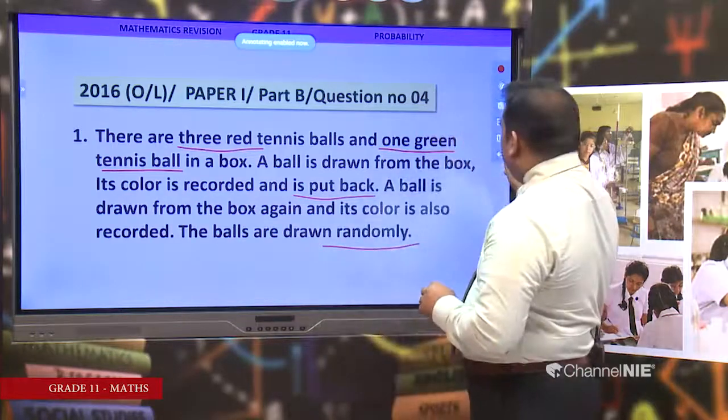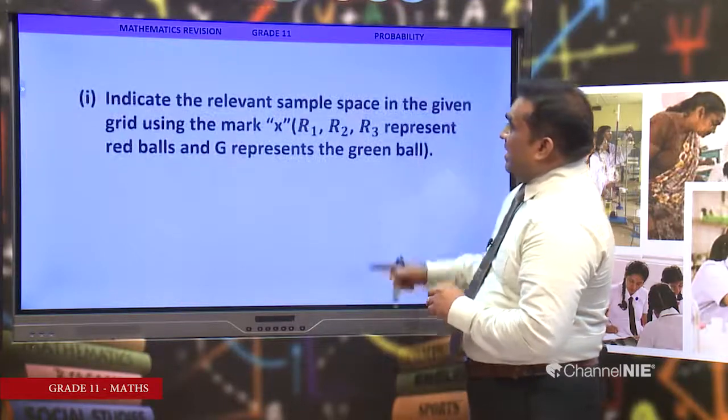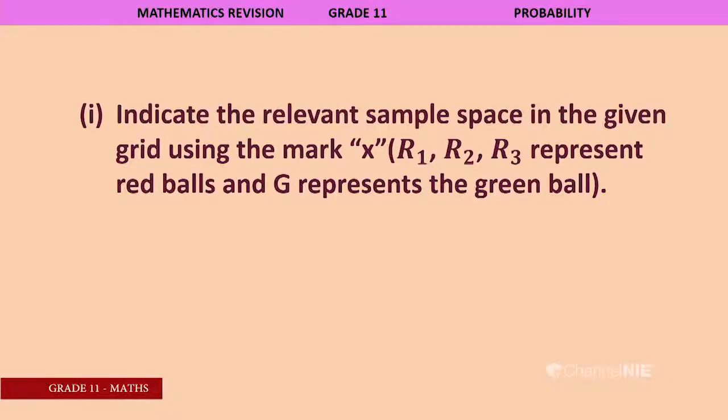Okay, we can see: indicate the relevant sample space, the total outcomes of the random experiment, in the given grid. The grid is a Cartesian plane.